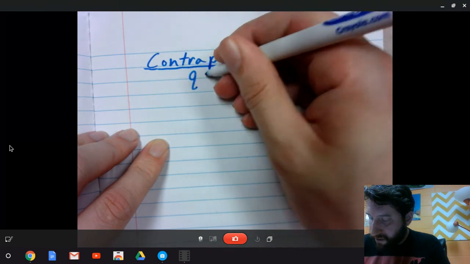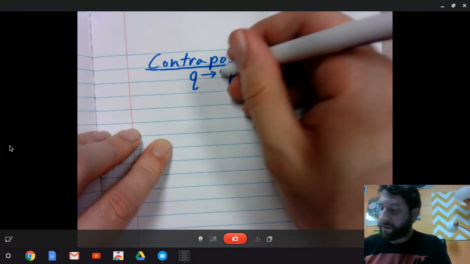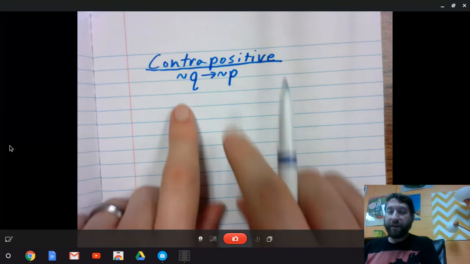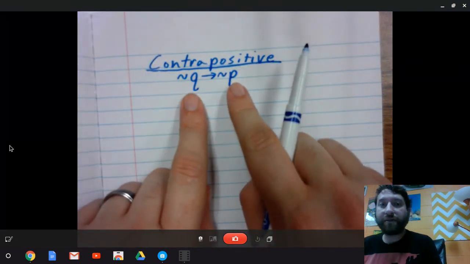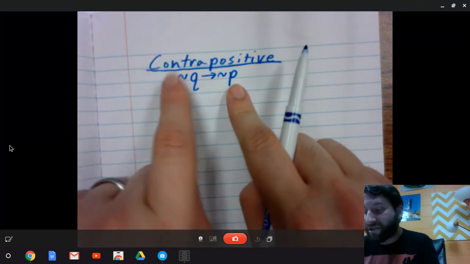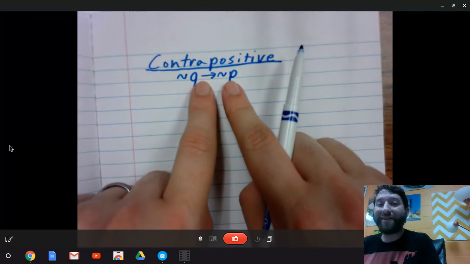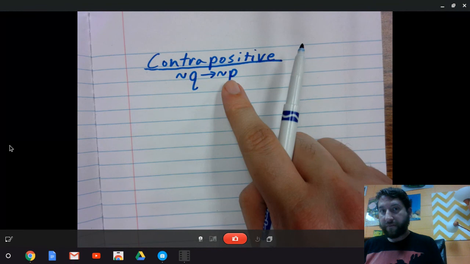I'm going to say Q implies P, but I'm also going to take the negation of both. So if I do these two things, if I switch the hypothesis and the conclusion around, and if I take the negation of both, guess what? That gives me the contrapositive. That gives me something equivalent to the conditional statement.